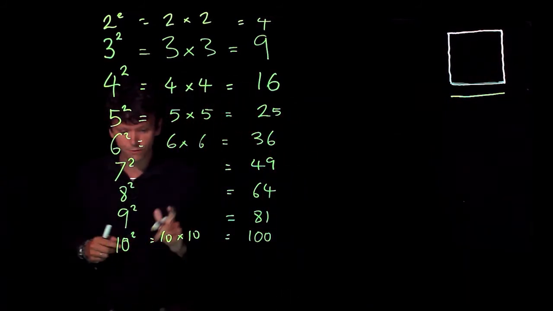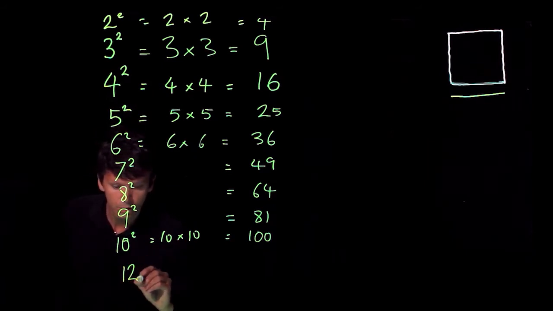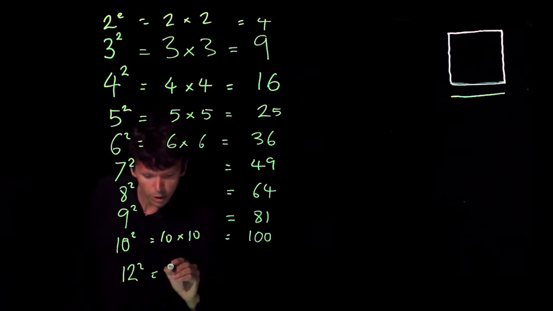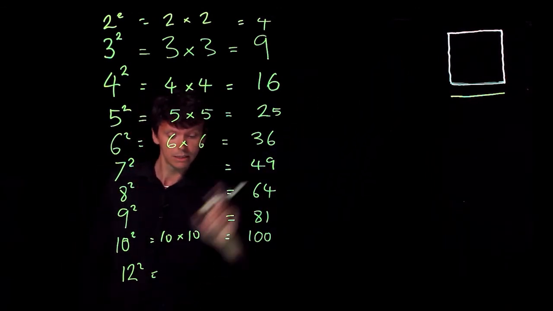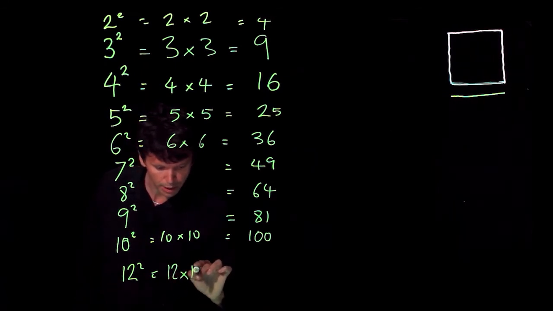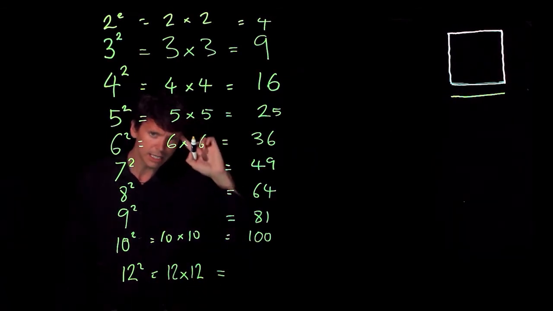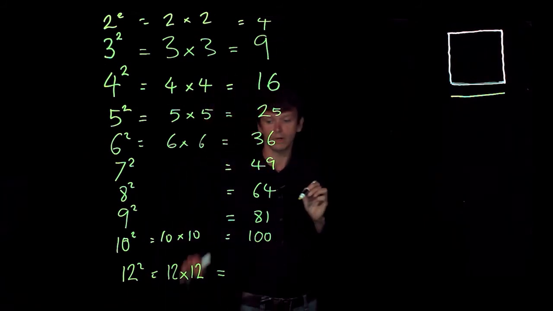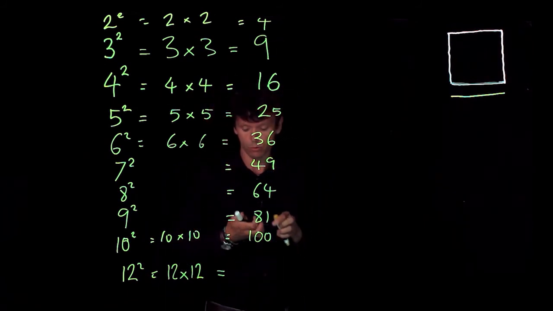So if you were asked for example, 12 squared, we know that we're looking for the area of a square, side length of 12. So it's going to be 12 times 12. And let's say we don't know this one. Most of them you need to remember. But if you don't remember them, you need to know how to work them out.